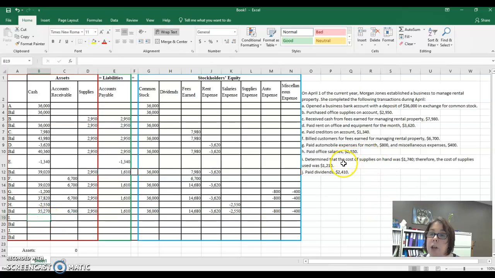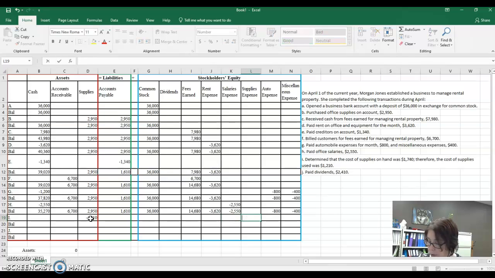I, determine that the cost of supplies on hand was 1,740. Therefore, the cost of supplies used was 1,210. How this works, on a monthly basis, we go into our supply closet and we look at how much we have in that closet. We have $1,740 worth. So we need to get our balance to that. So we reduce our supplies and we have a supplies expense.